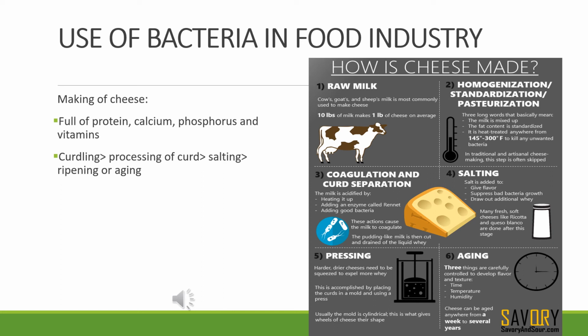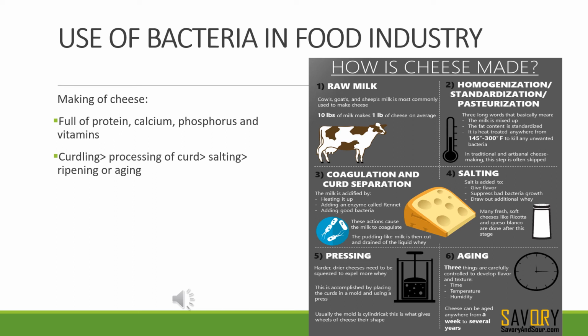After that there is the step called pressing, which is pressing the solid product or the salted mixture with a press, so that any excess water present inside the substance will be removed.